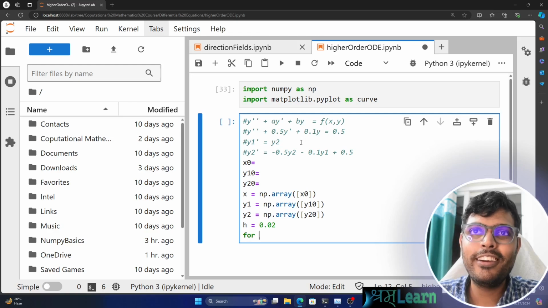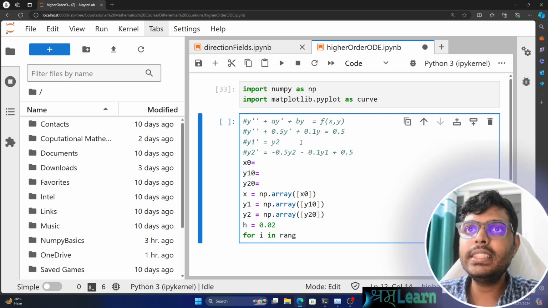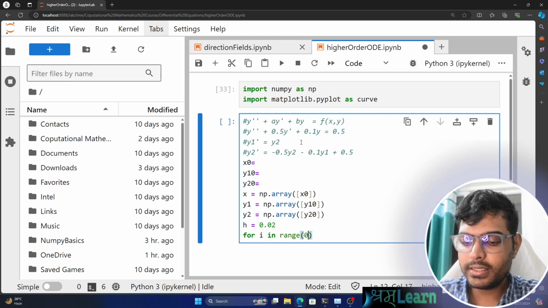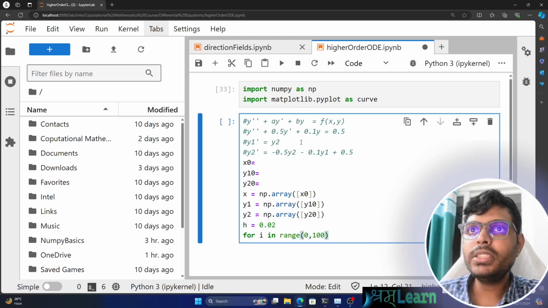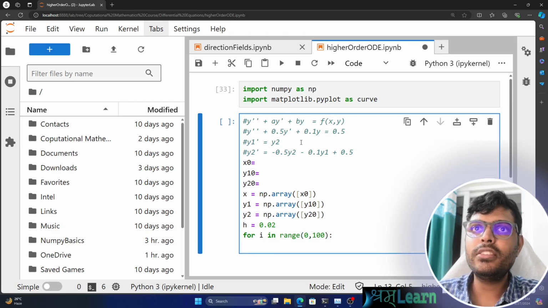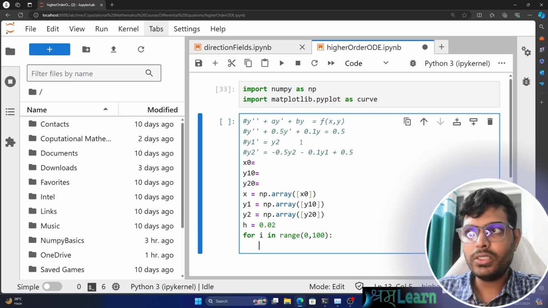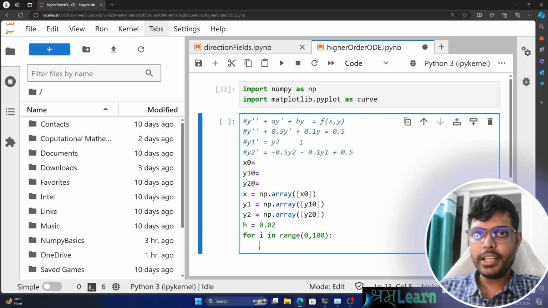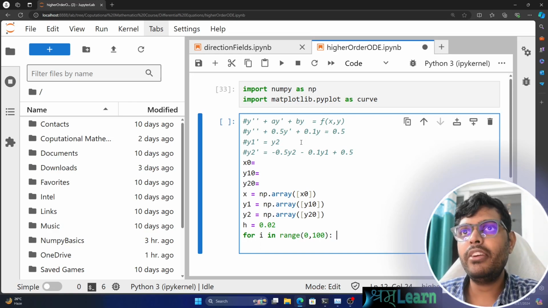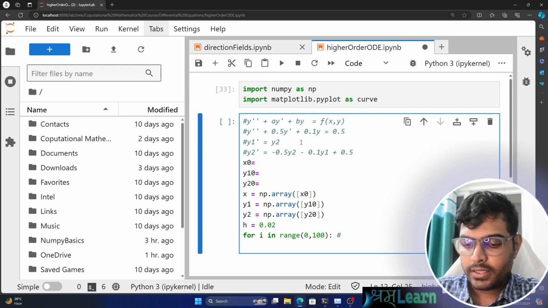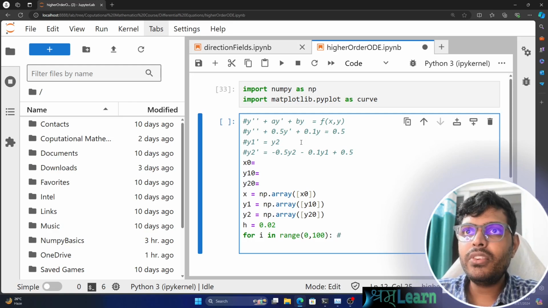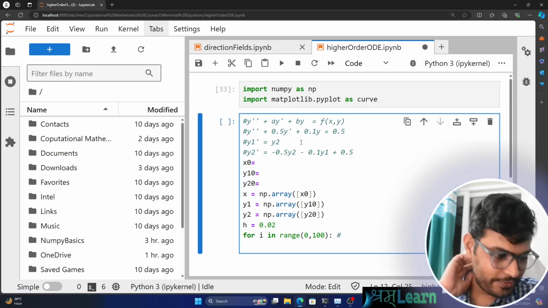For i in range, what does this statement do? Whatever statements are below are going to run for 100 times. So we are computing the solution at 100 points. This is known as a for loop. If you are not very clear on the for loop, you can go watch a YouTube video.